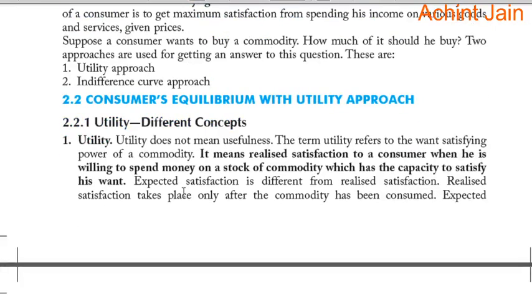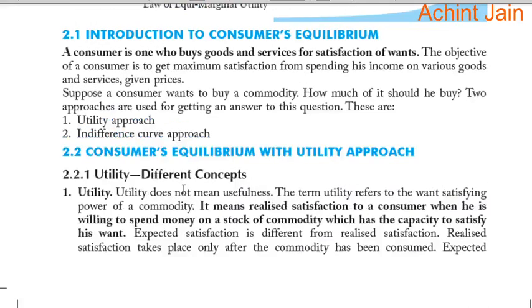Utility means the amount of satisfaction which a consumer derives from the consumption of a commodity. In other words, we can say the want-satisfying power of a commodity is called utility. The unit of measurement of utility is termed utils. This concept of utility is ethically neutral.